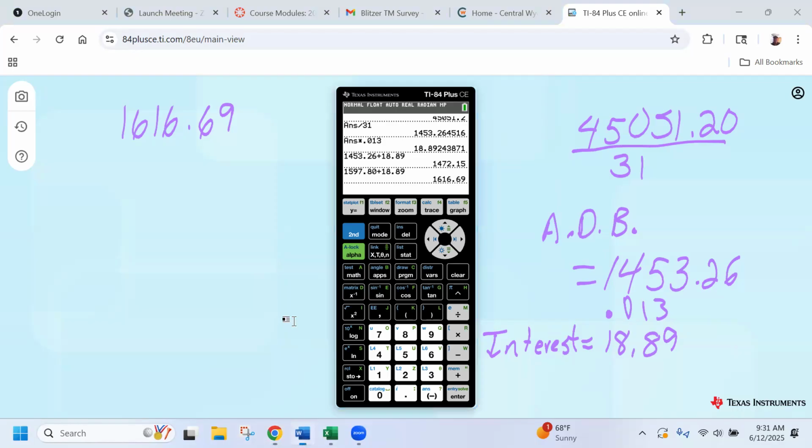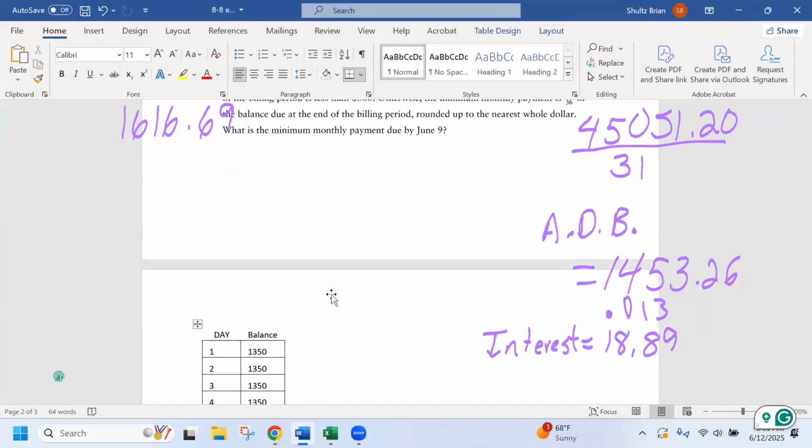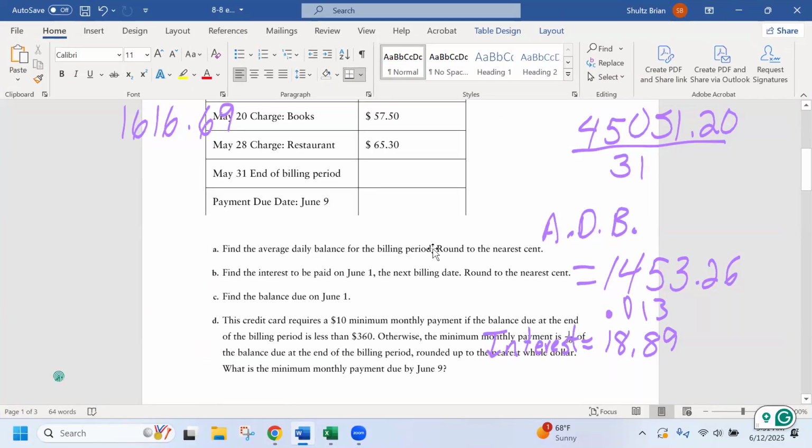And so I'm going back up on top, and it says, find the average daily balance for the billing cycle. That was 1453.26. Find the interest to be paid on June 1st. That was $18.89. Find the balance due on June 1st. That's $1,616.69. And this credit card requires a $10 minimum monthly payment if the balance at the end of the billing period is less than $360.